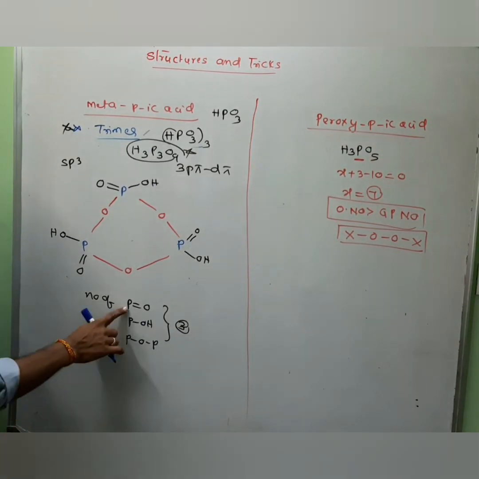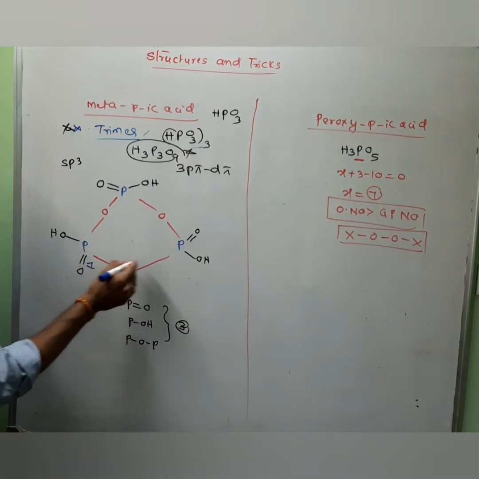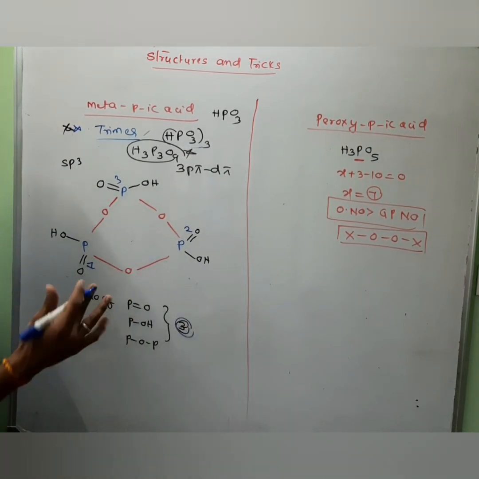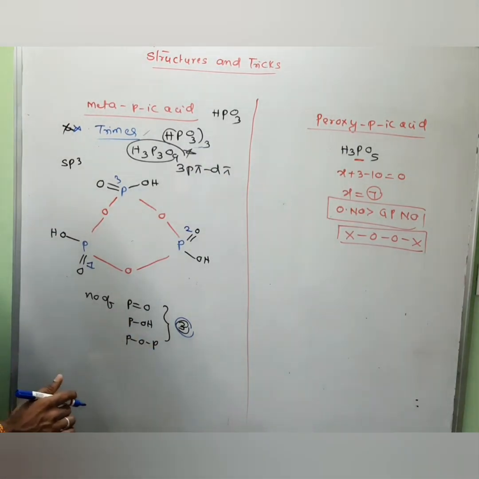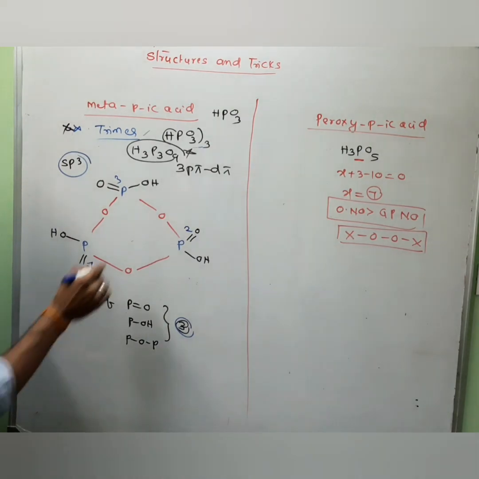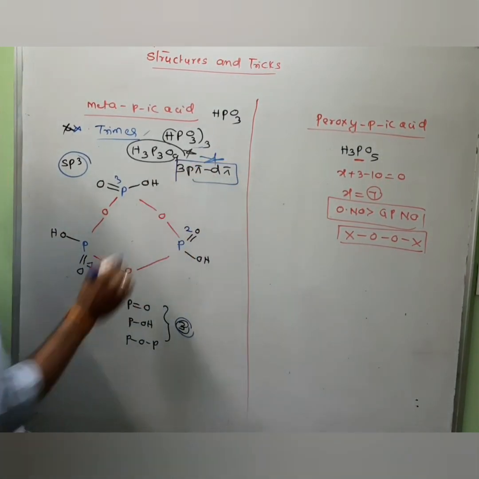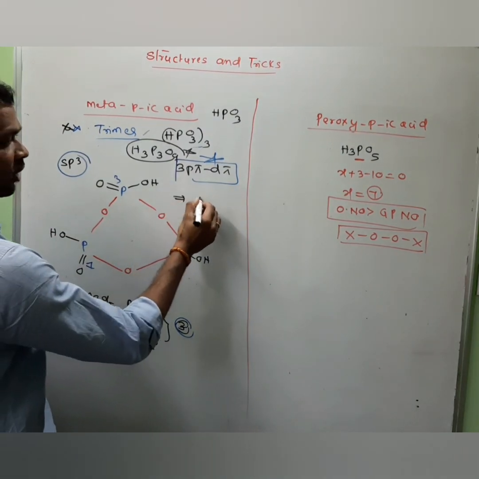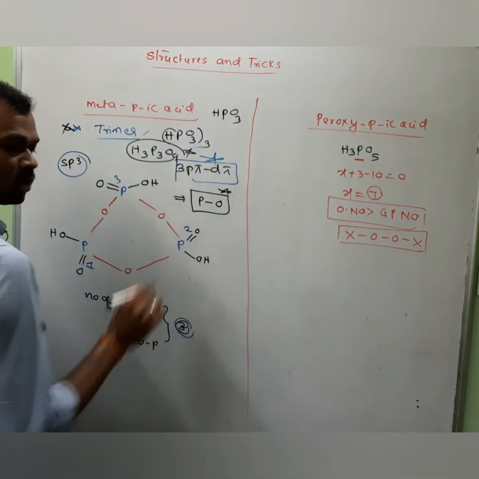Here, the number of P=O bonds is 1, 2, 3. Number of P-OH bonds, 3. P-O-P bonds, 3. And hybridization is very, very important, sp3. These pi bonds are p pi d pi bonds. Sometimes they ask even the number of P=O bonds that you find.